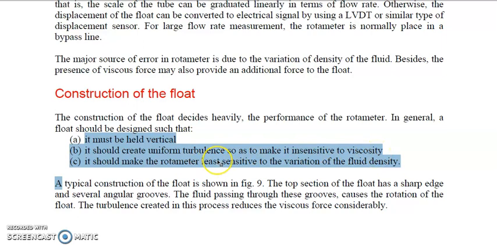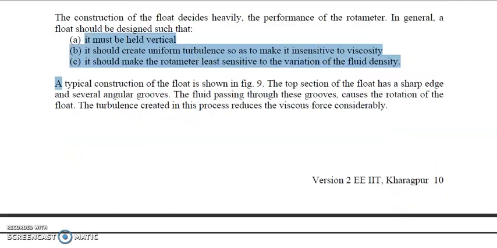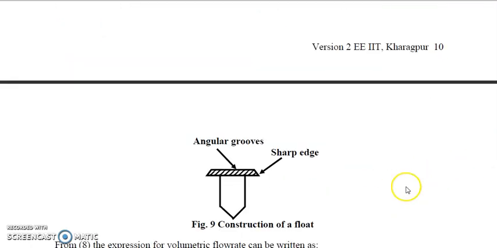When we choose the float, the material should be chosen such that uniform turbulence occurs so as to make it insensitive to viscosity. And the third important point is it should make the rotameter least sensitive to the variation of fluid density, and that's why the shape and construction are like that.